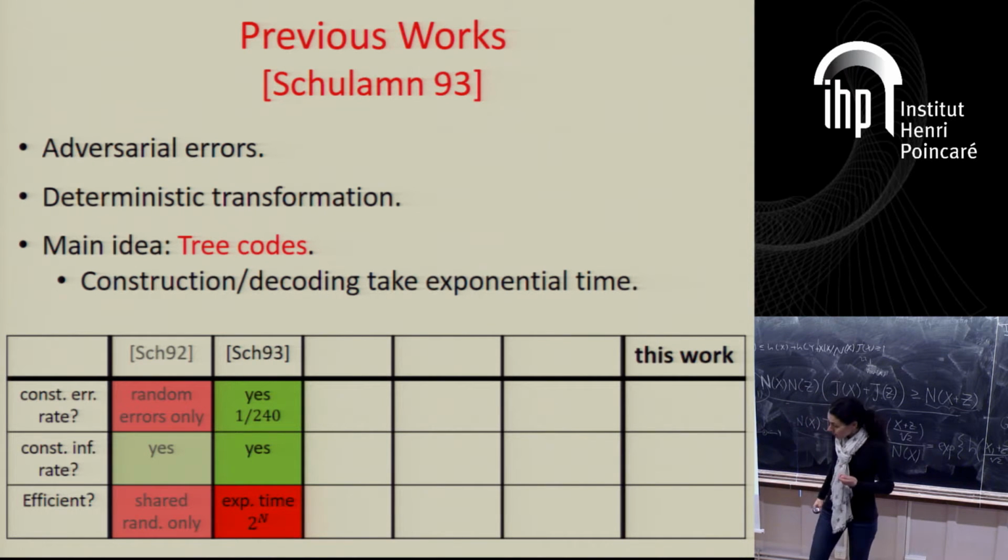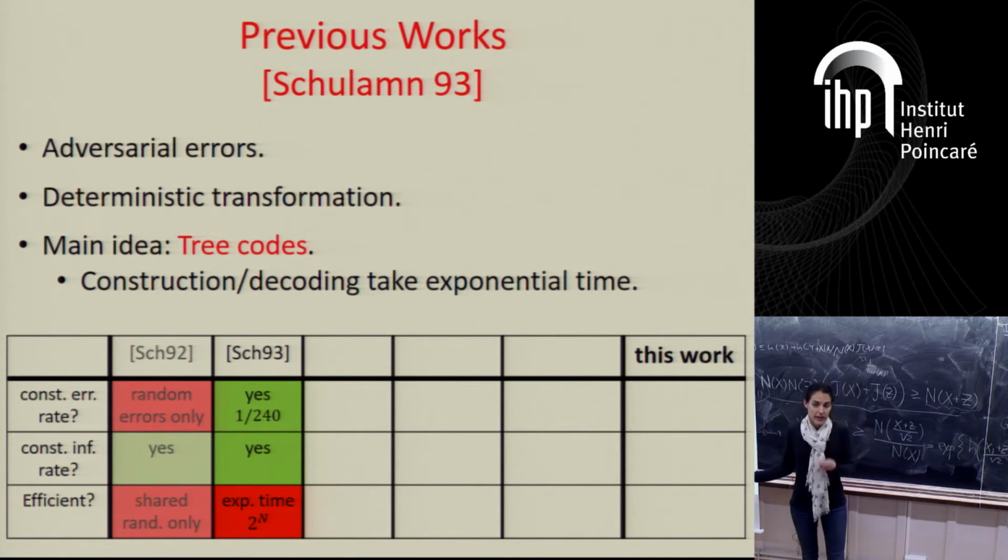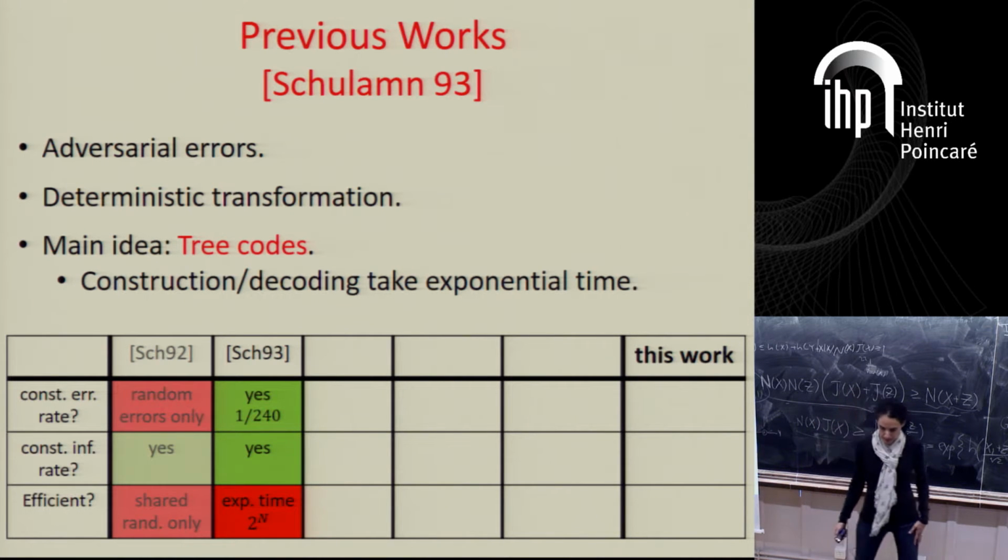But the drawback of this work is that it required exponential blow up in computation. So in order to apply this, Alice and Bob need to run exponential time to encode and exponential time to decode. Okay? And the only reason is because we don't have really good tree codes. So constructing a tree code that you can efficiently encode and decode is still lacking. So that's where the bottleneck is.